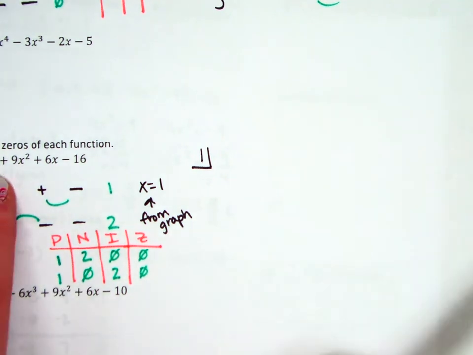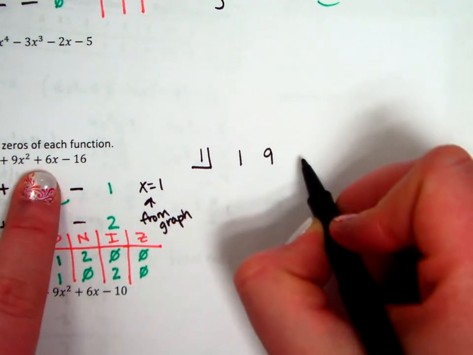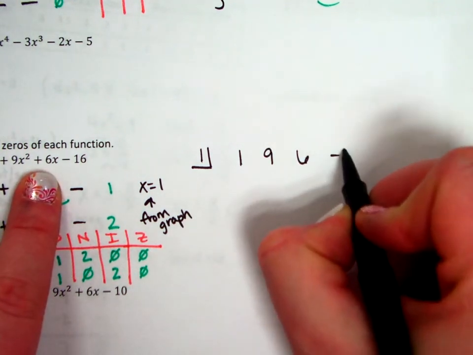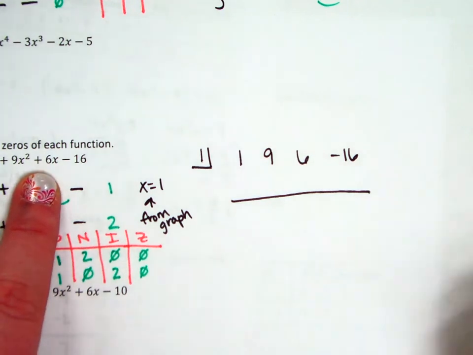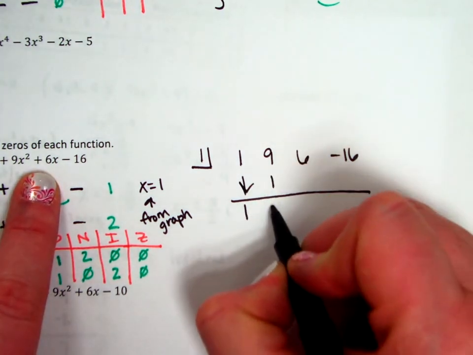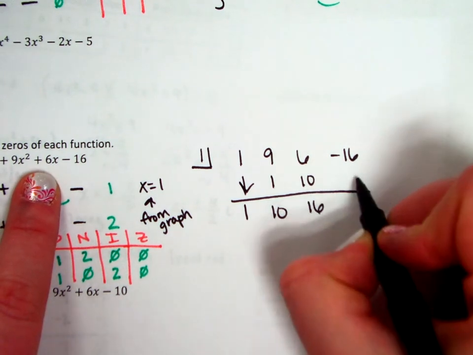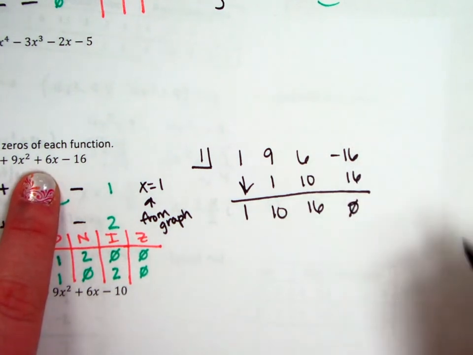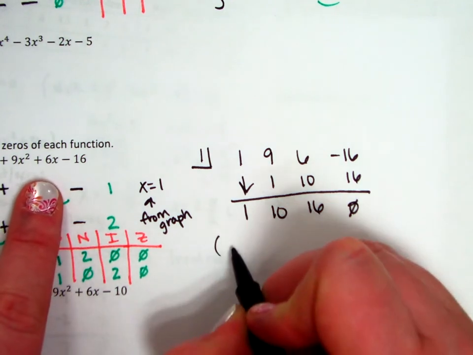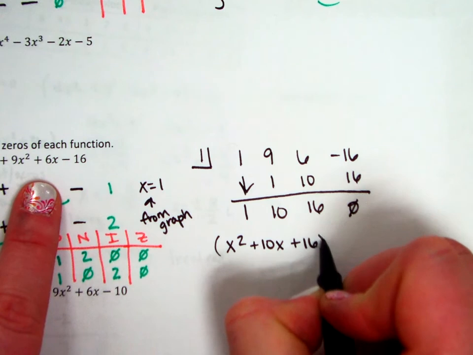And then what we do is we just do what we've always done. 1, 9, 6, negative 16. It better come out to be 0, because I know it's a solution. Bring down 1, 1, 10, 10, 16, 16, 0. So I now know I'm at x squared plus 10x plus 16 equals 0.